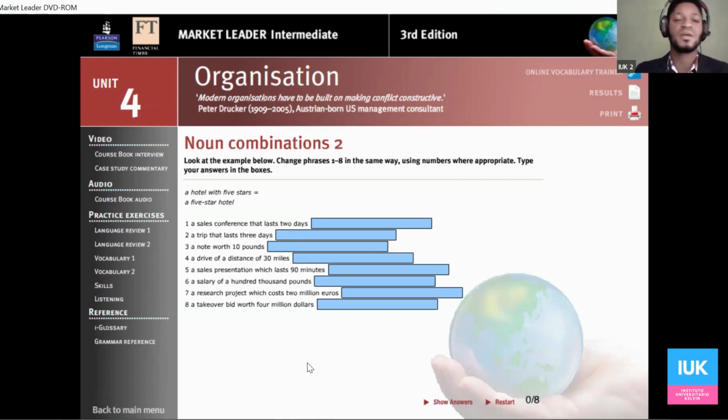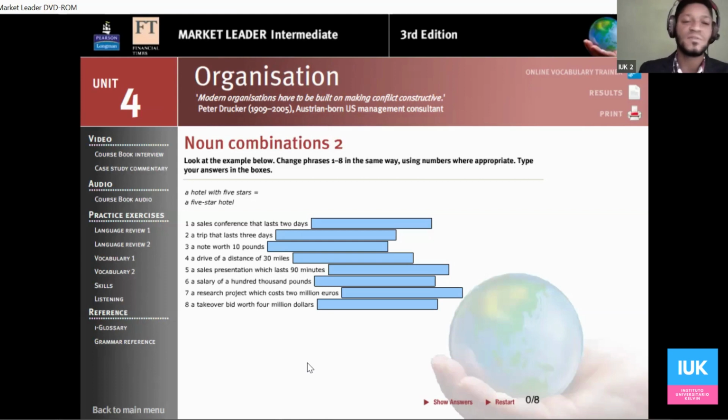Number 4, a drive of a distance of 30 miles. A driving of 30 miles or a 30-mile drive? What's the longest you've ever driven?